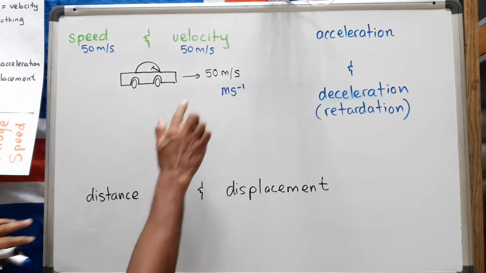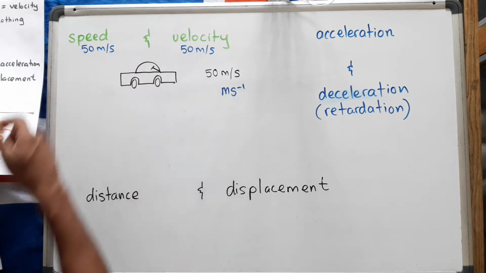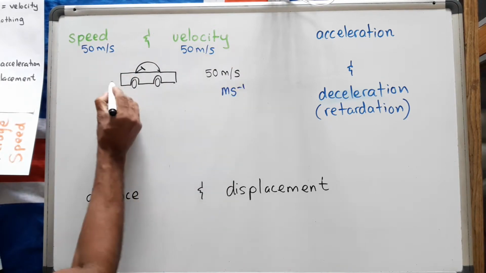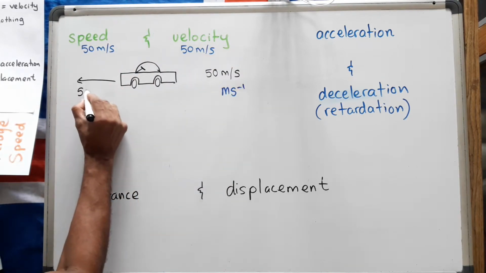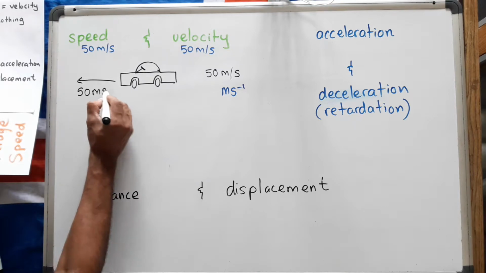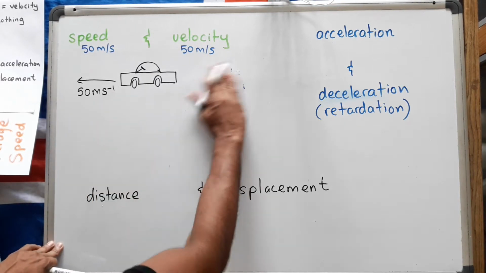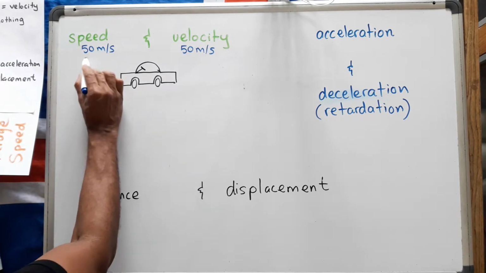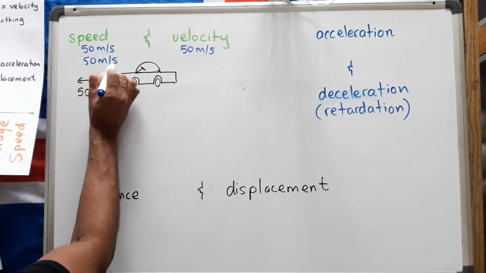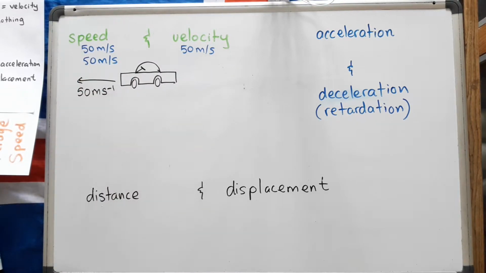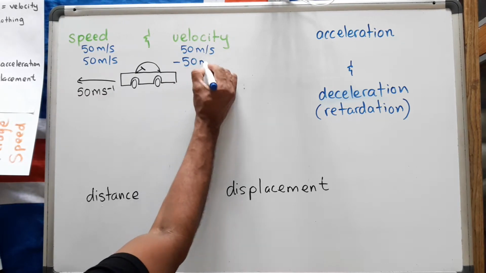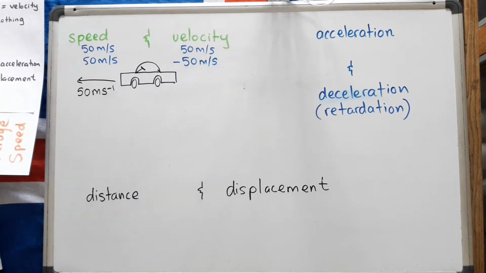Let's say that the car goes the other direction now. So the car turns around and goes this way at the same speed, 50 meters per second. Notice it's going the other way. If I ask you what the speed is, it would still be 50 meters per second. However, the velocity would be negative 50 meters per second.